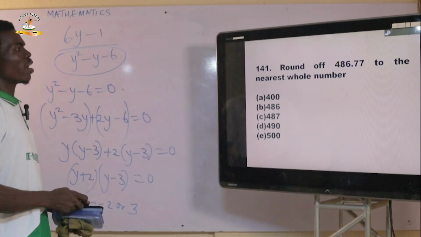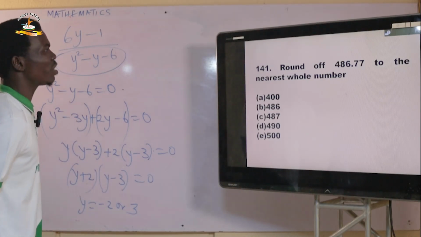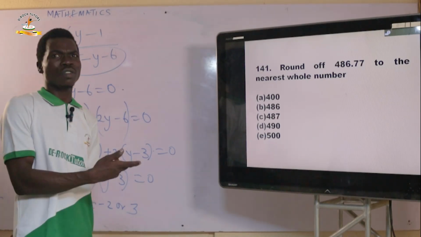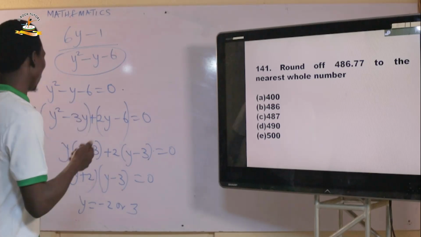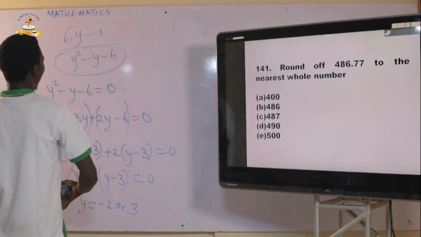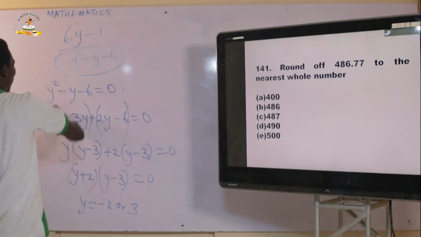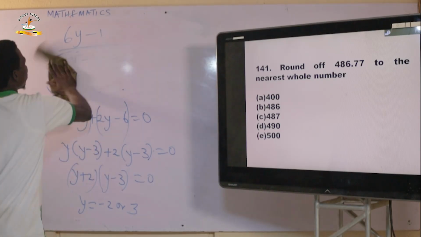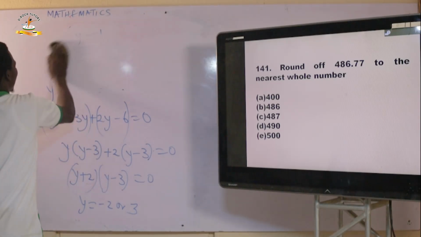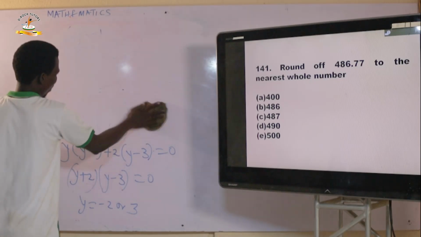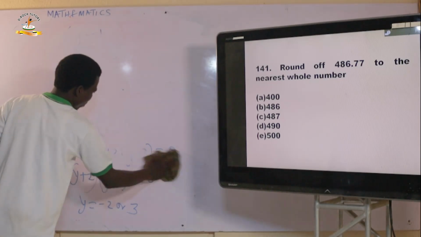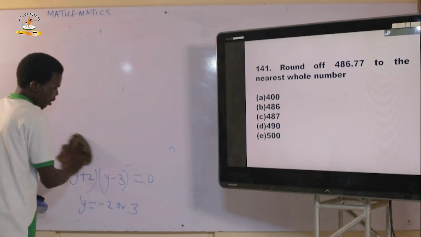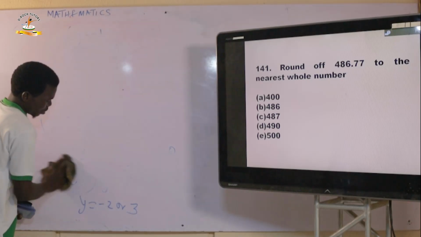Alright, round off 486.77 to the nearest whole number. So the nearest whole number means we just do that, and it's not really something that is a big deal.